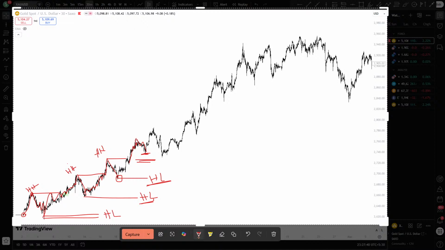So after the market gave us this breakout of this point which was considered to be a higher high, this higher low was considered to be liquidity. This is why when the market gave us a pullback here, it took out this and it had to give us a continuation of the market direction. So this is what happened.